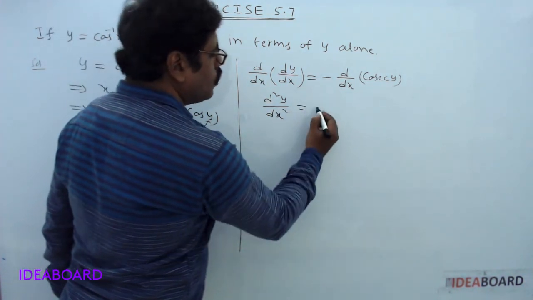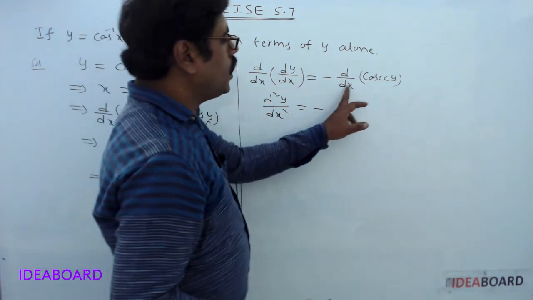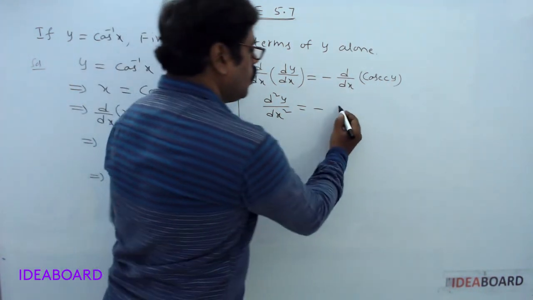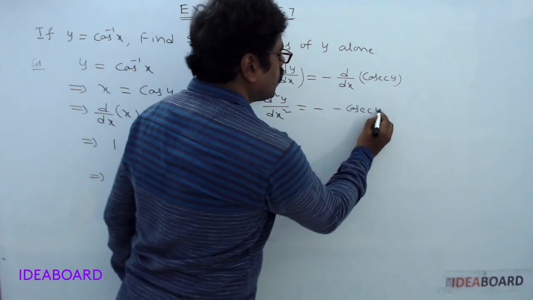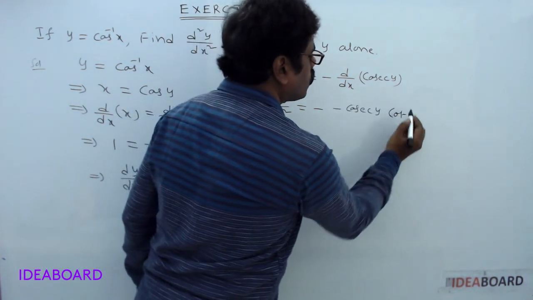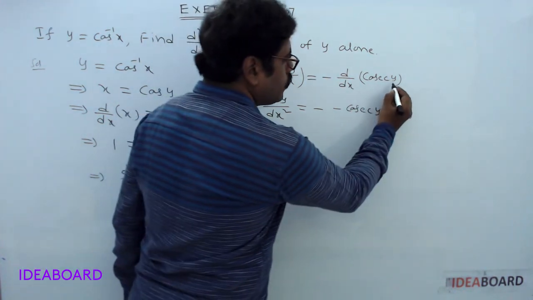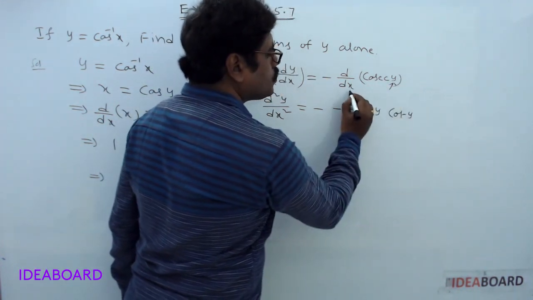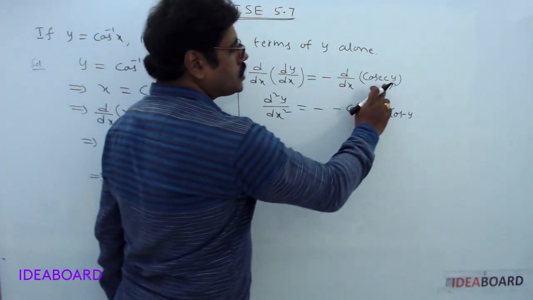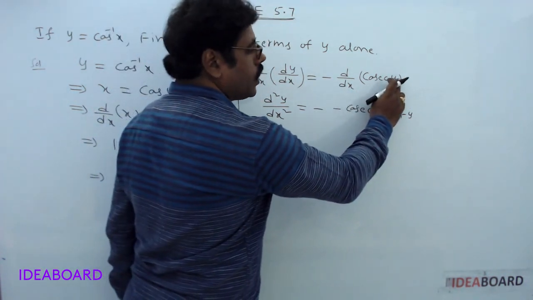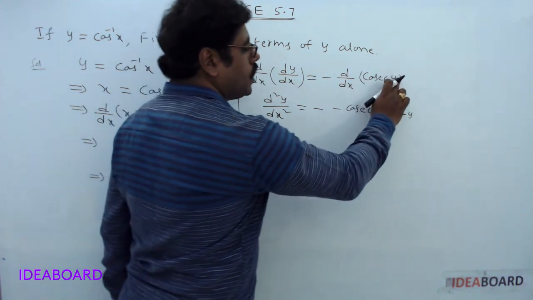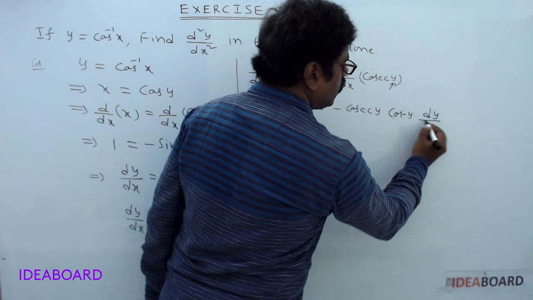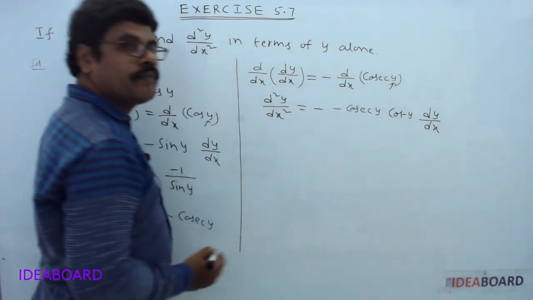This equals minus the derivative of cosecant y. What is the derivative of cosecant y? Minus cosecant y into cot y into the derivative of the angle of the cosecant function with respect to x. Here what is the angle of the cosecant function? y. So the derivative of y with respect to x is nothing but dy by dx.